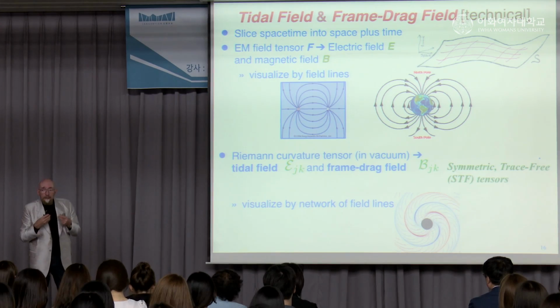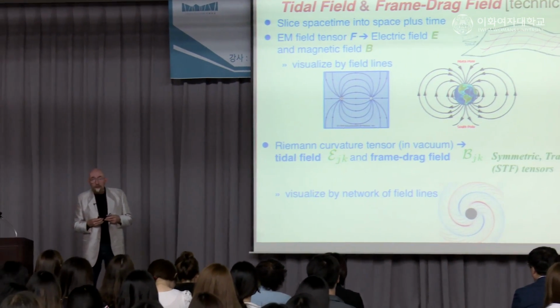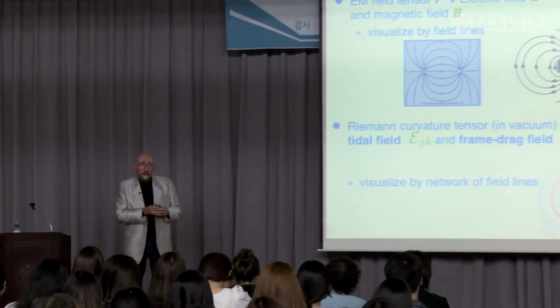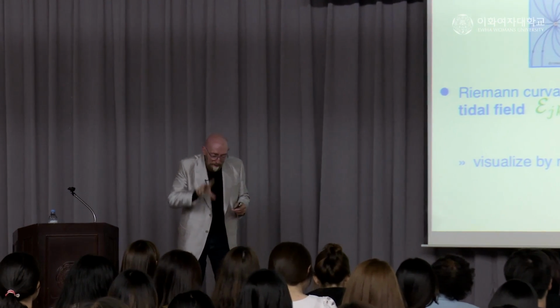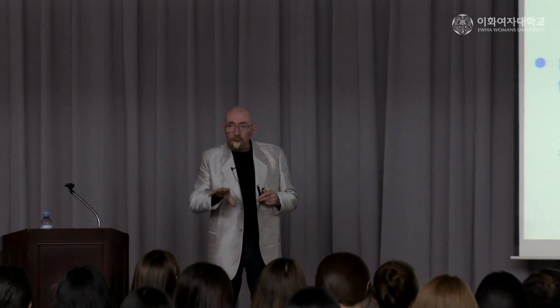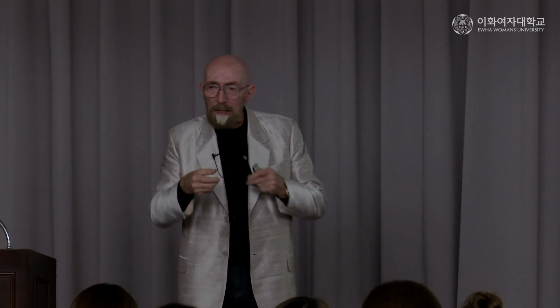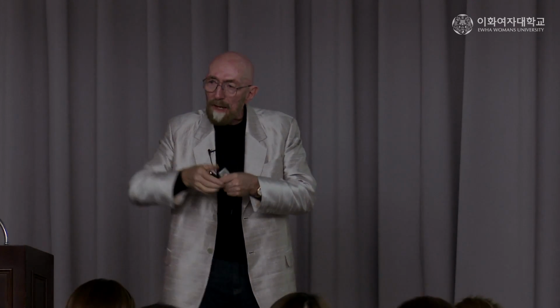So what these students and I have done is to discover a way to draw field lines that describe the tidal fields that stretch and squeeze and the frame drag fields that twist space, just by field lines like we use in electromagnetism.